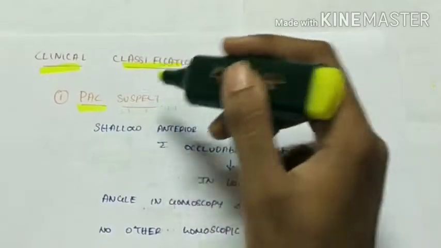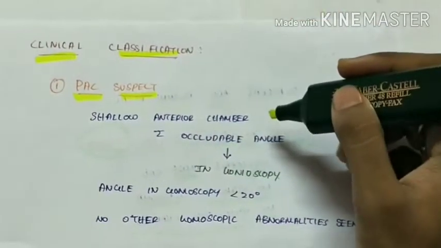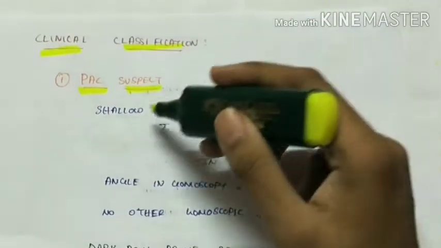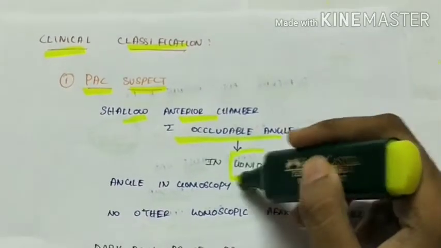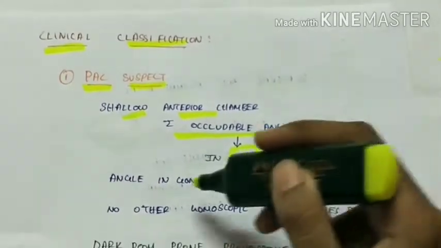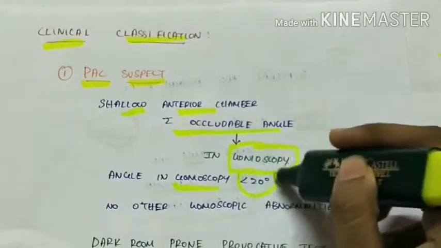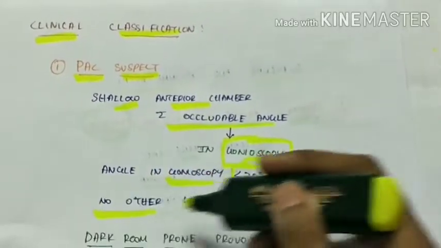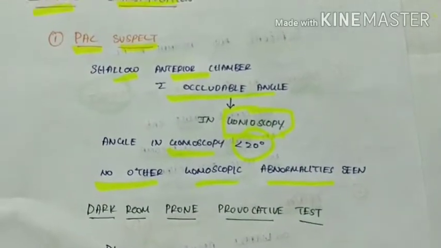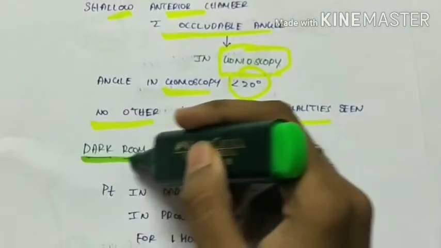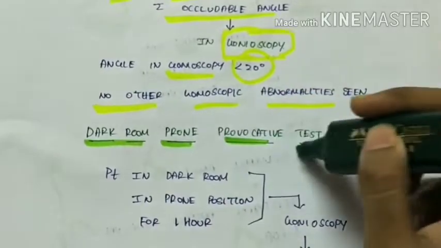Clinical classification. First is primary angle closure suspect. These people have a shallow anterior chamber with an occludable angle, which is seen through gonioscopy. The angle in gonioscopy is less than 20 degrees and there are no other gonioscopic abnormalities seen. So here the test done is the dark room prone provocative test.